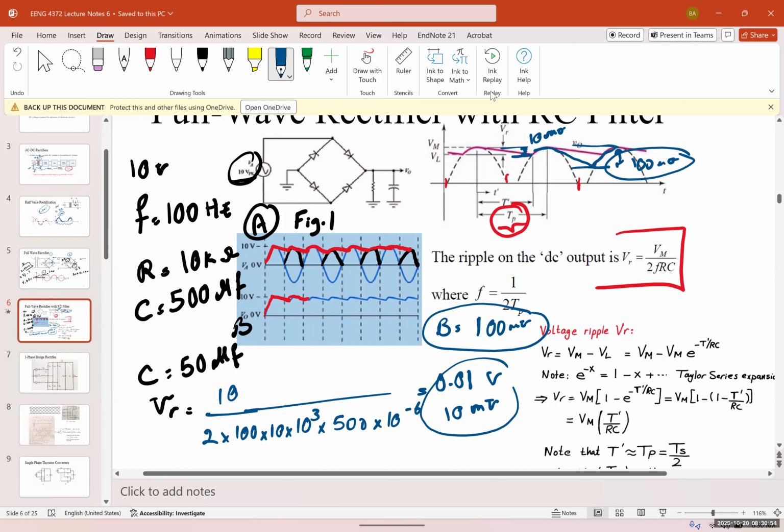So the bigger the capacitor is, the less ripple and the smoother the signal. The smaller the capacitor is, the more ripple. And same thing for the resistor as well. If you have a very, very large resistor, then it's going to drain the capacitor much faster, and you're going to have a much bigger ripple.